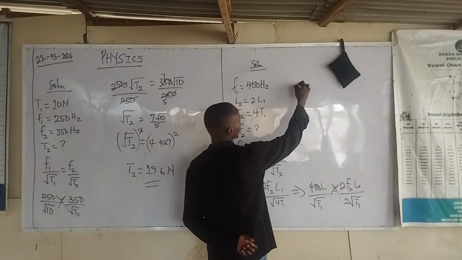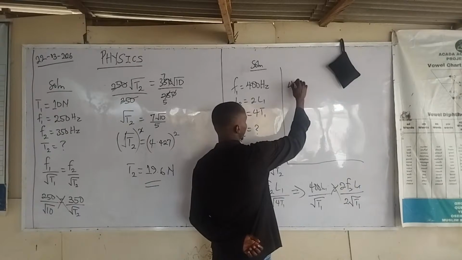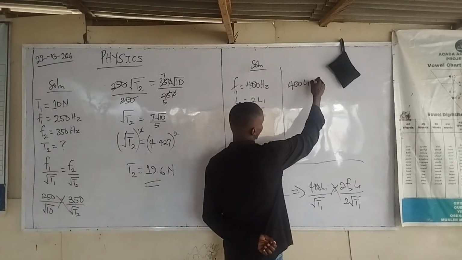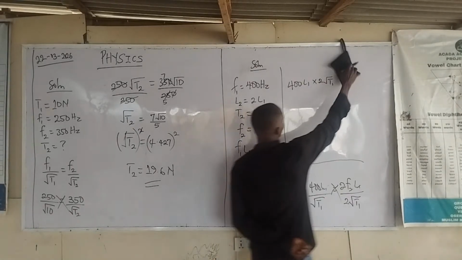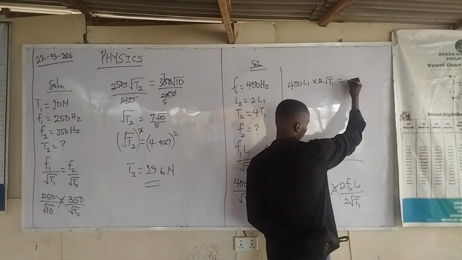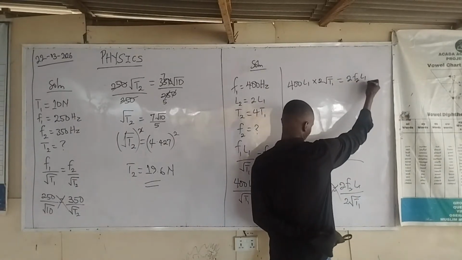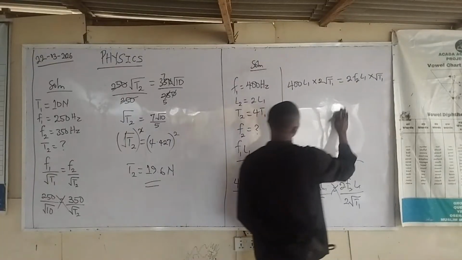So we have 400 L1 times 2 root T1, equals 2F2 L1 times root T1.